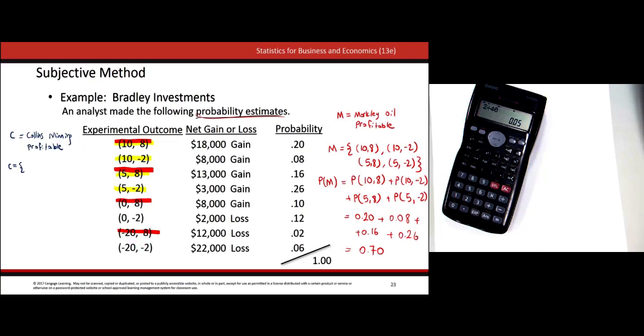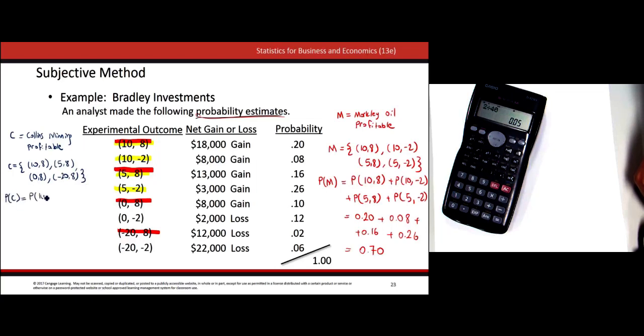And here Collins is profitable. You are gaining $8,000 from Collins Mining. So now this will be 10, 8; 5, 8; 0, 8; negative 20, 8. So then how do we get the probability of C?